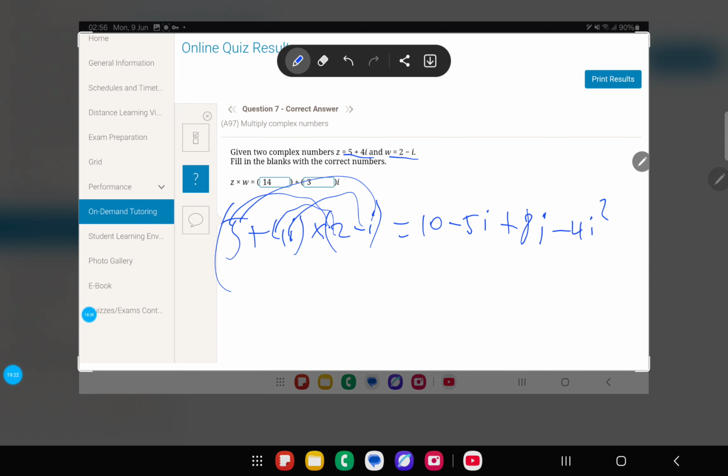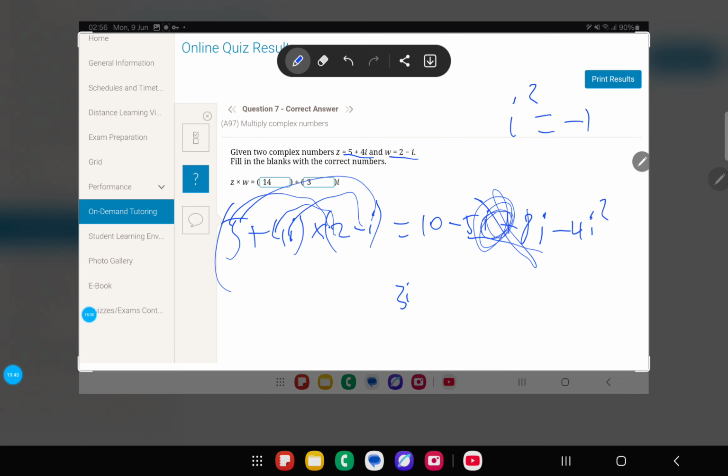Now you just distribute. 10 is on its own. You have negative 5i plus 8i, and you add them up, you get 3i. And then you have 10 and negative 4i squared. Remember, i squared is equal to negative 1.